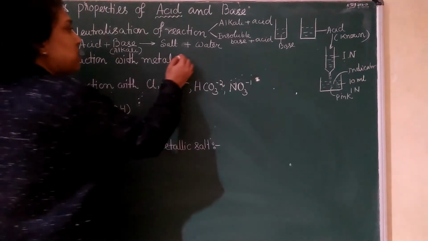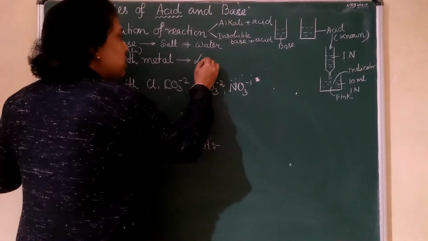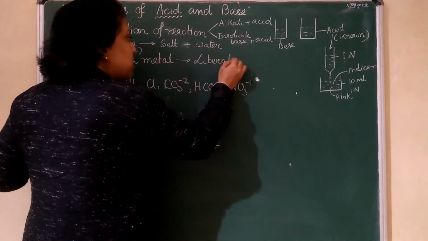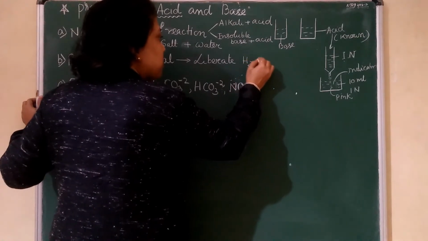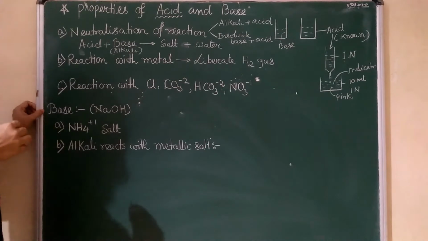Next reaction is reaction with metal. When a metal is reacting with acid, hydrogen gas will be liberated. This is the kind of reaction we have done.